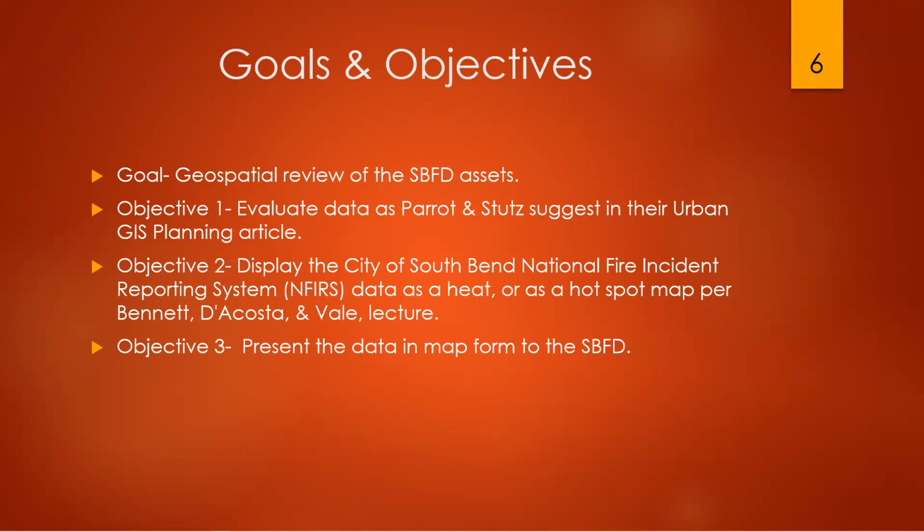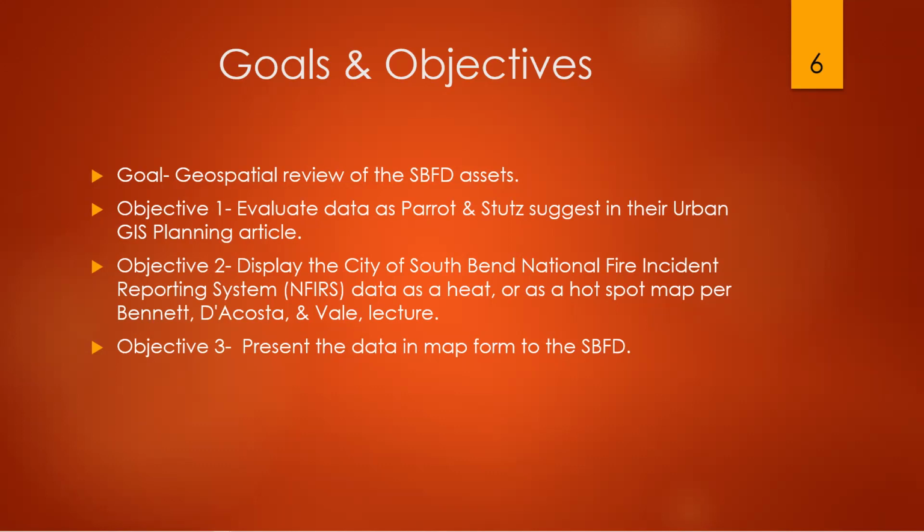So one of the objectives is evaluating the data. Perot and Stutz did an urban planning study for fire stations. It's kind of way back in 1991, but it's a very interesting study, because when I asked the South Bend Fire Department, like, how do you place your fire stations? Is there any criteria?